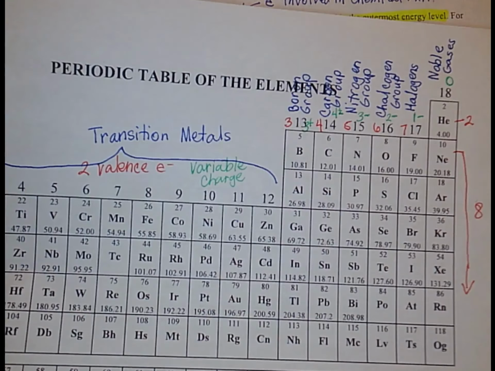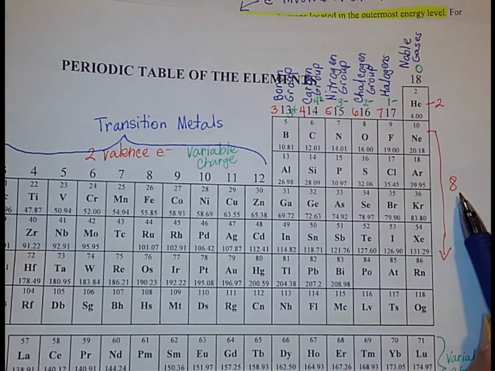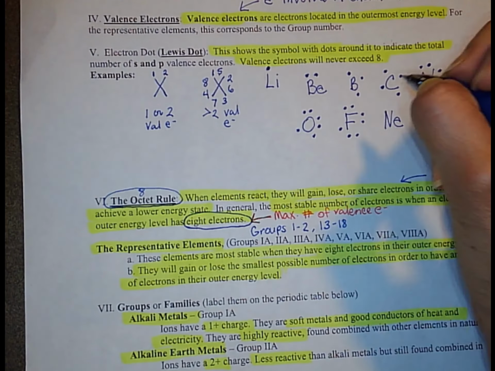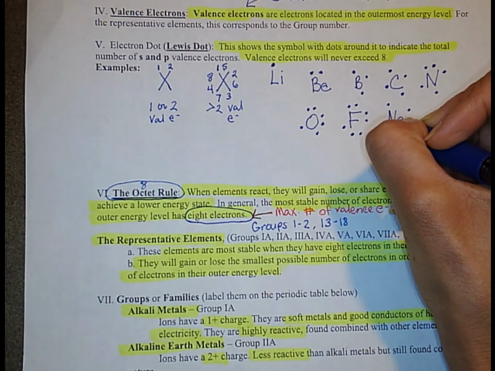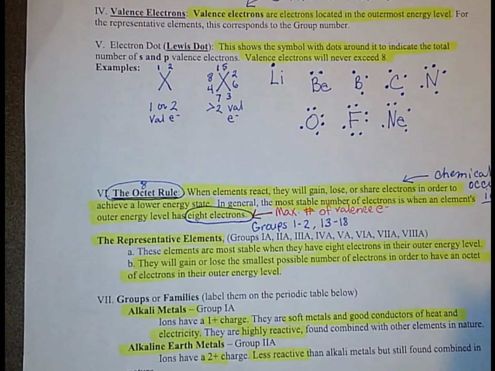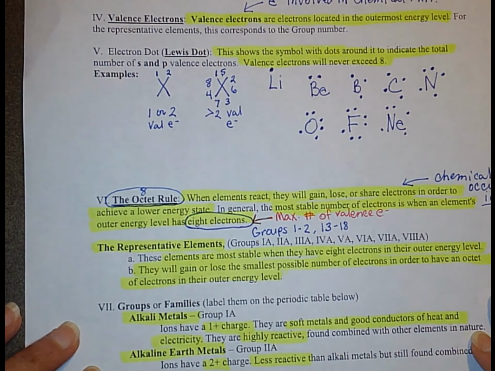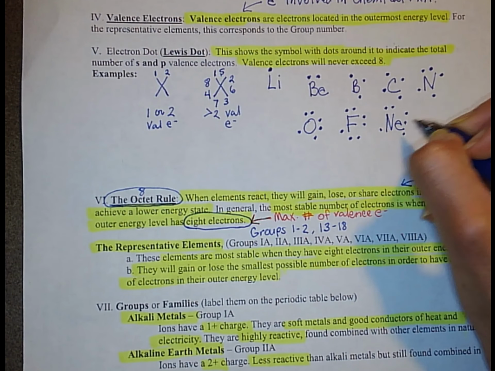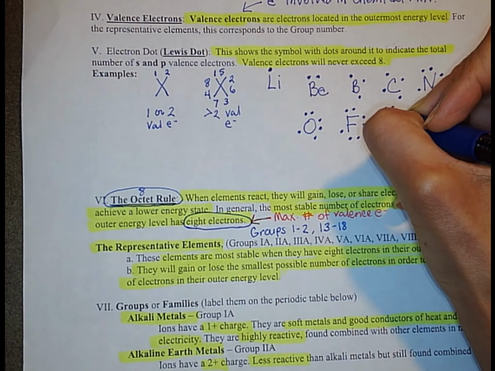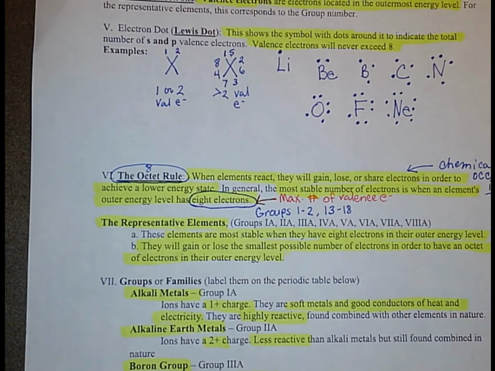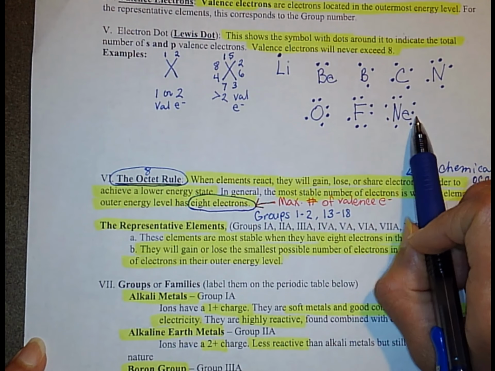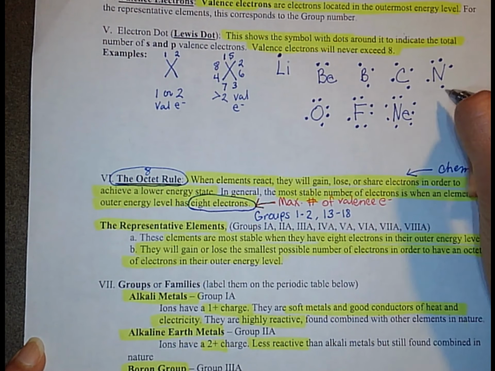Neon has a total of 8 valence electrons. So we're going to go 1, 2, 3, 4, 5, 6, 7, and then 8 valence electrons. You can see that each valence electron is paired up in here.